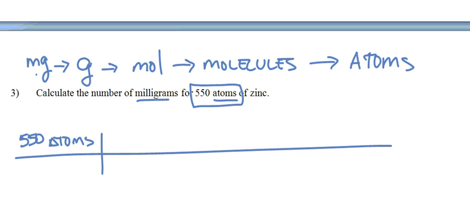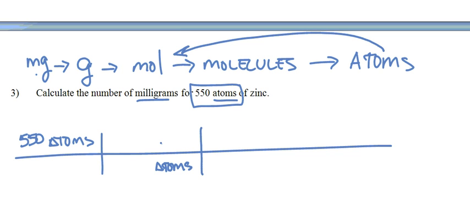But if we did, we would. So we're going to take atoms, and we're going to write atoms right down there. Then we go from atoms, we said to jump over molecules, so we'll go right to moles. Let's not write the units in yet, or the numbers in yet. Do we want to stop at moles? No. And remember, the unit that we're looking for must be on top.